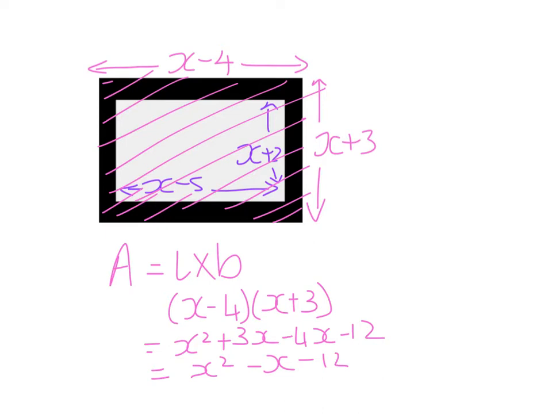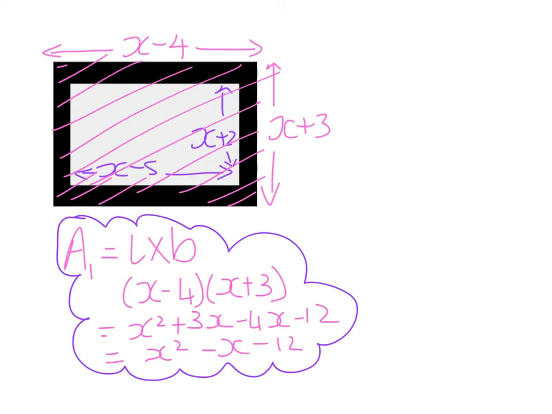Now what we really want is just the black area, so we need to find the area of the white rectangle in the middle, and we need to cut that out. Okay, so we will call this area 2, and again it's a rectangle, so again we're going to use length times breadth.